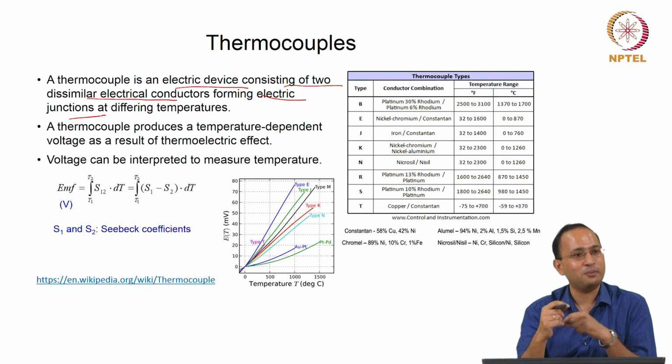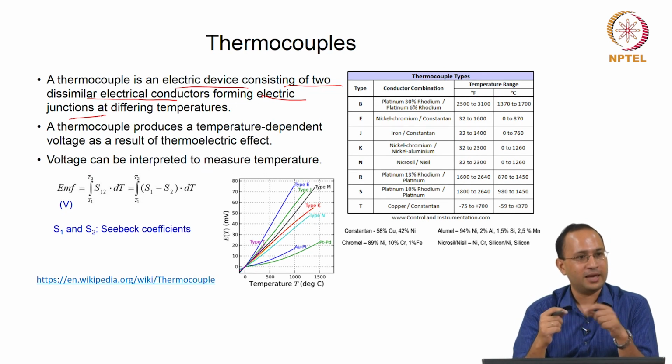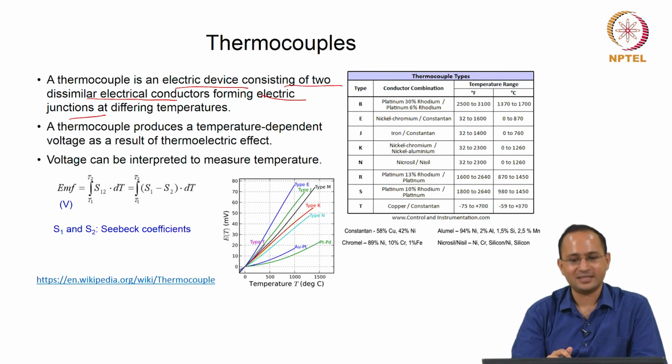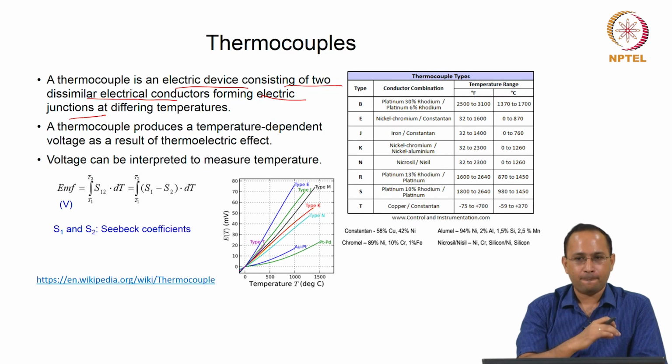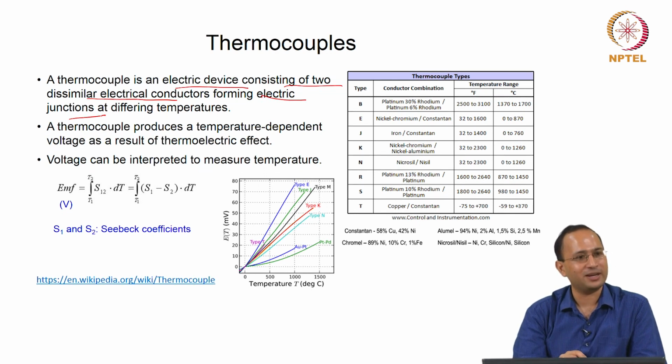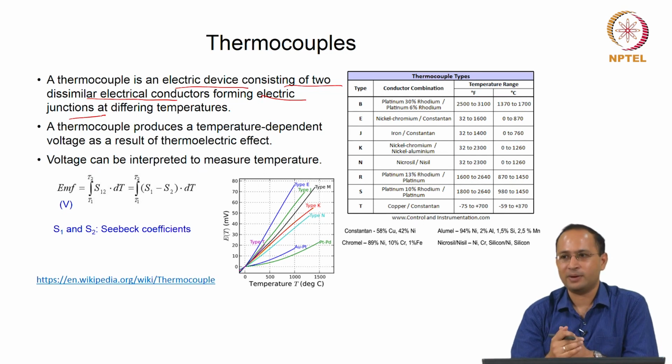So, you have two different materials, that is very important, and if there is a temperature difference, that will lead to an electromotive force, EMF, or voltage. Once you measure the voltage, we can get an idea about the temperature. A thermocouple produces a temperature dependent voltage as a result of the thermoelectric effect. Based on the temperature difference, you will get a different voltage, and that can be calibrated. Depending on the type of materials in a particular thermocouple, you can calibrate it.